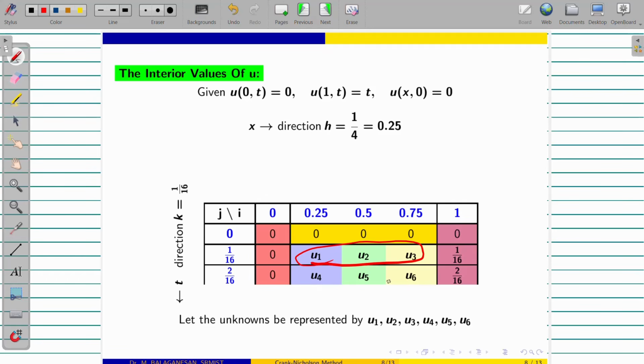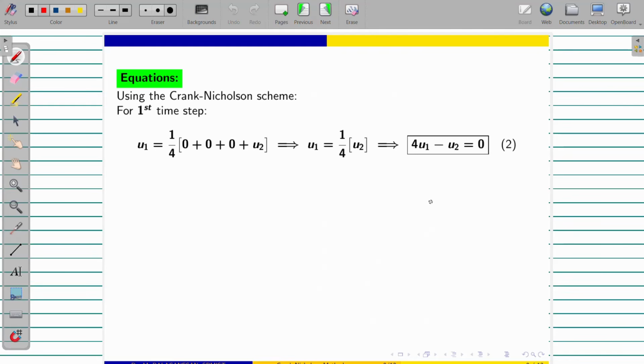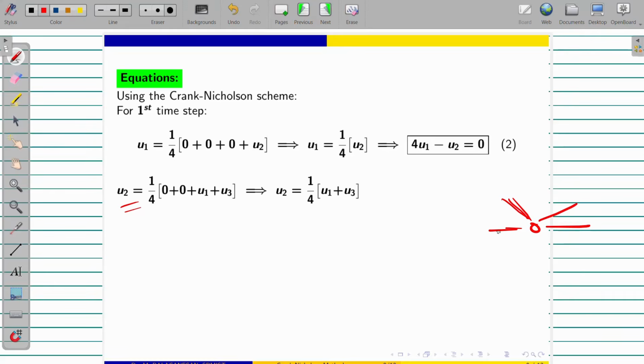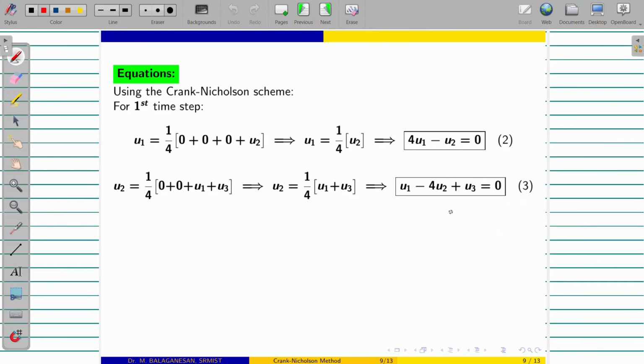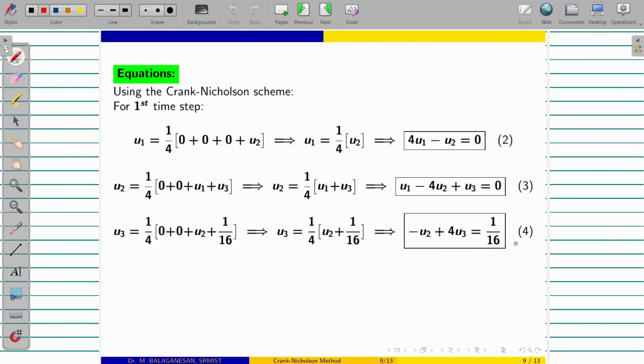Now the u1 is the average of the 4 points, you will get one equation. Similarly, u2 is the average of those 4 points. Average means, if you want to find this value, this plus this and this plus this divided by 4. Am I right? Right. So next equation. Similarly, if we proceed for u3, you will get another equation.